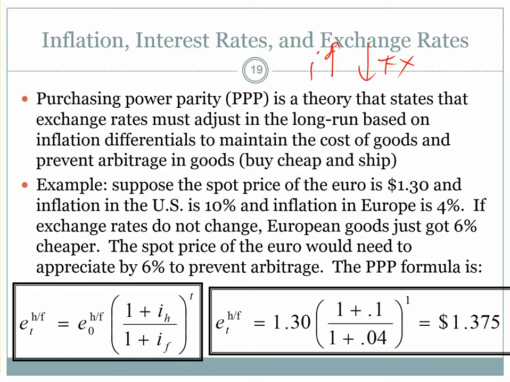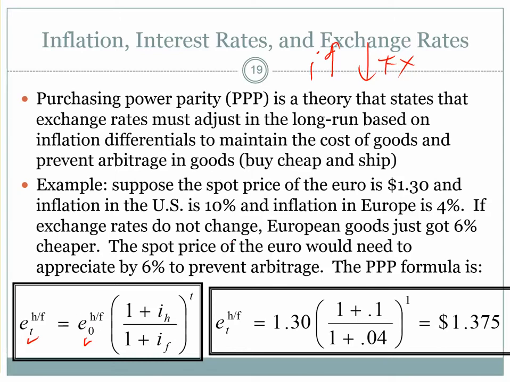The equation for that is the new exchange rate at time t is the old exchange rate times a ratio of 1 plus the inflation levels. Now, I just put a currency H over currency F. You can think of that as home over foreign. It equals today's exchange rate times relative inflation levels.